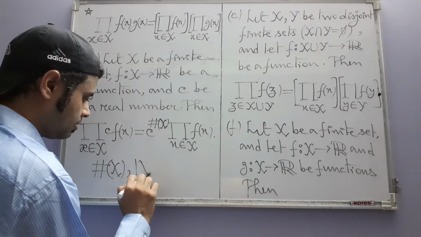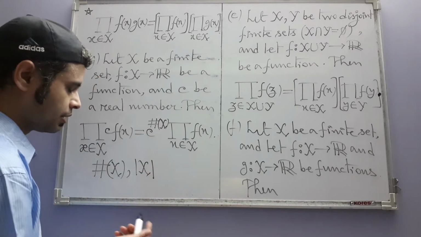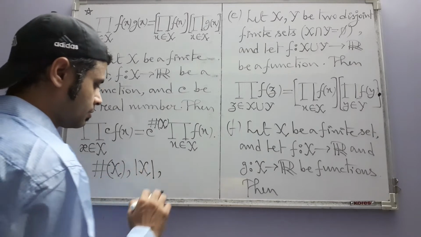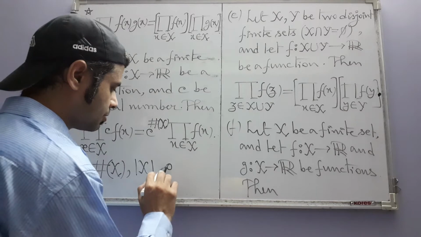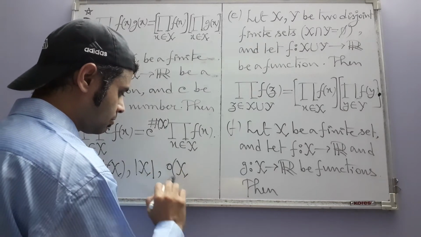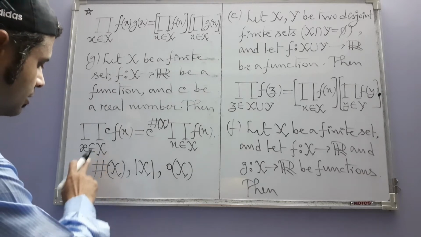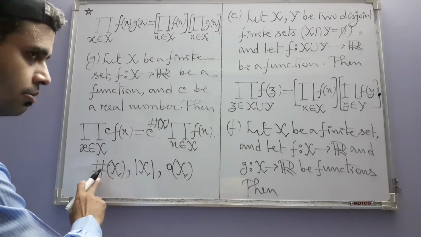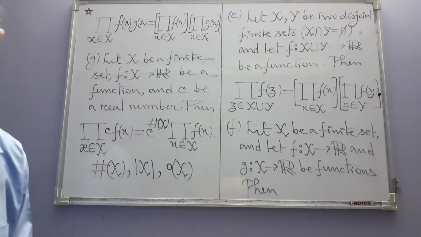Some would write this like this, the size of X. Herstein in Topics in Algebra would write like this, order of X, all of them the same thing. In this text, Professor Tao uses this, using hash, number of elements in X.